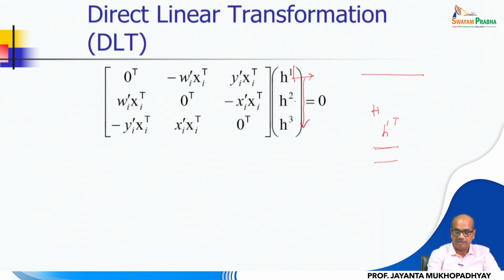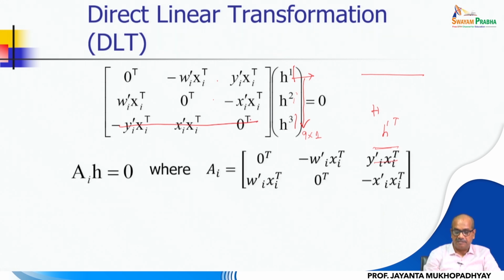This is the first row, this is the second row, this is the third row in the column form. So all the 9 elements are concatenated, and they form a column vector of size 9 cross 1. And these are the 3 equations that give 0. But I will just take out this equation because this is redundant.